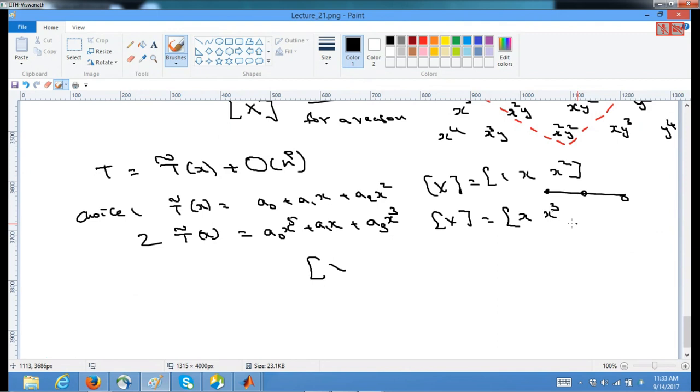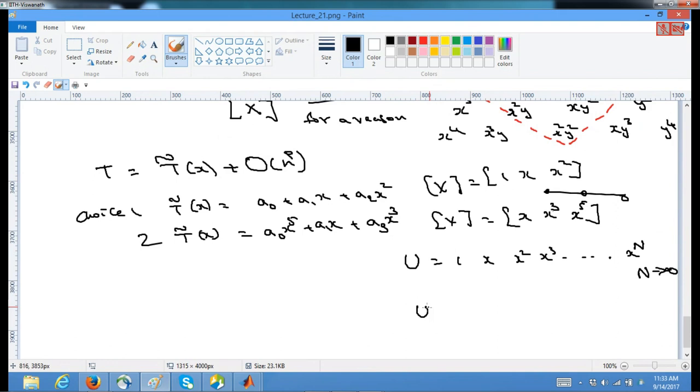So take the complete polynomial basis up to infinity. The complete polynomial basis would be 1, x, x square, x cube, and so on, up to x to the power of capital N, and capital N tends to infinity. Let's call it the universal set.